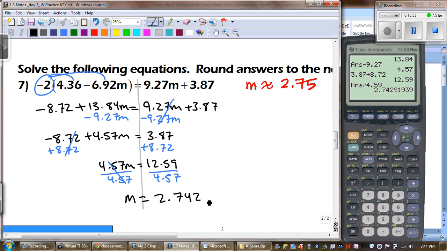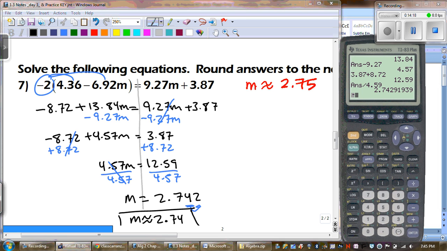Okay, and then when we round that, uh-oh, looks like we got something different than Ms. Carranza. Okay, so what we would do first, we would double check that. When we round it, our rounding gives us 2.74. So what I would do is let's go back to make sure we got all of our numbers right.